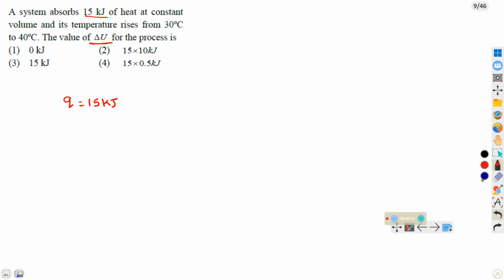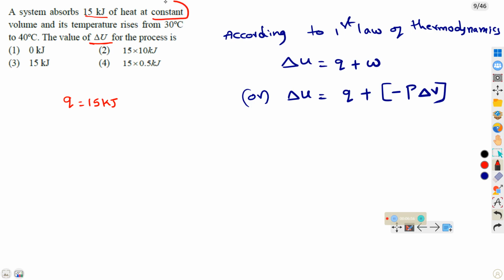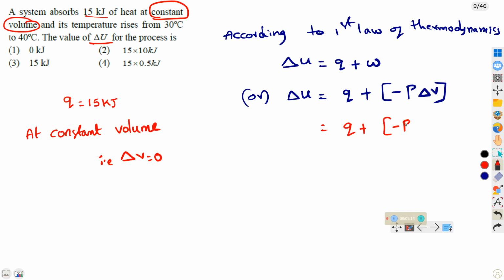Calculate the change in internal energy, delta U. According to the first law of thermodynamics, delta U is equal to Q plus W, or delta U is equal to Q plus or minus P delta V. Here the chemical reaction takes place at constant volume, which means delta V is equal to 0. Substituting, minus P into 0, then delta U is equal to Q. What is the value of Q given? 15 kilojoules. So the correct answer is the third option.